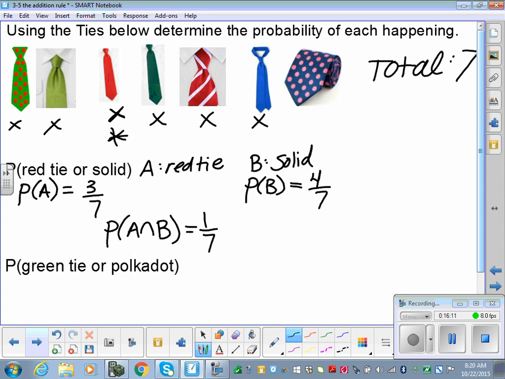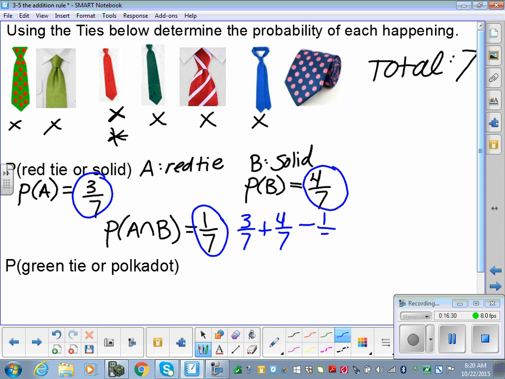So now if you have the formula written down, you take the probability of event A plus the probability of event B minus the probability of A intersect B. So we'll be doing 3/7 plus 4/7 minus 1/7.